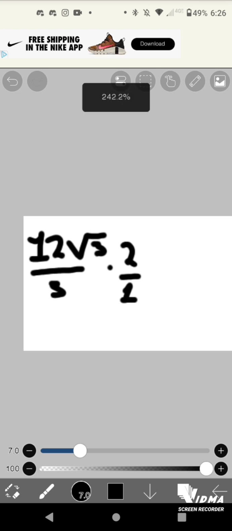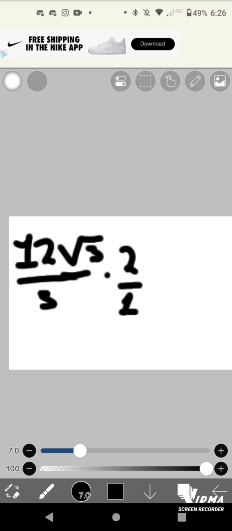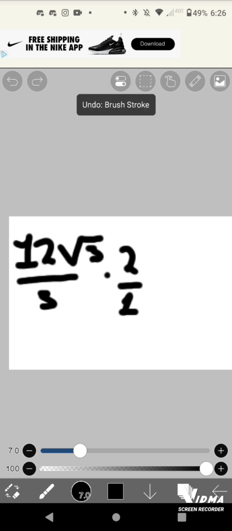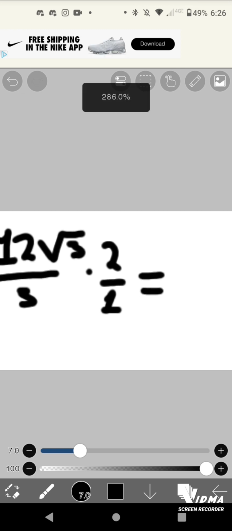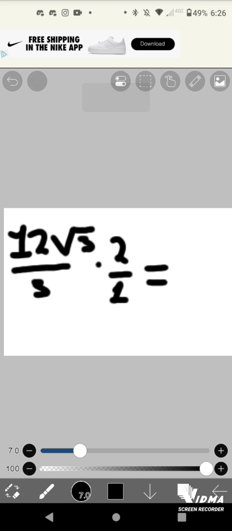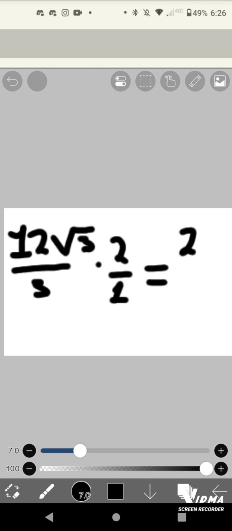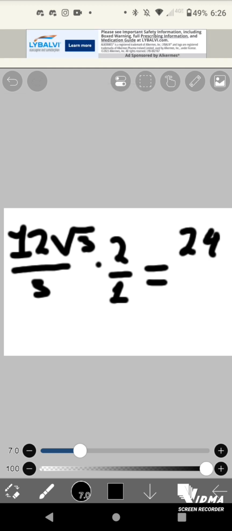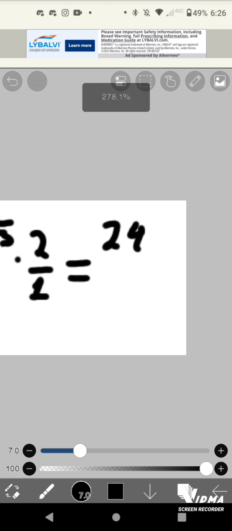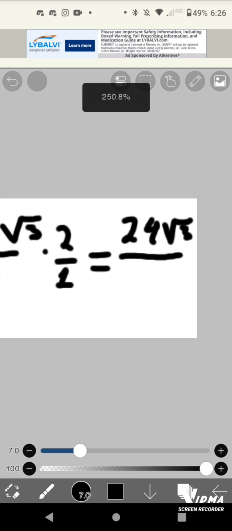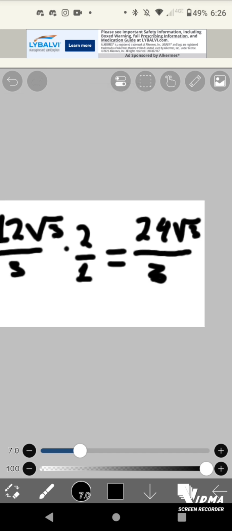Well, we can't multiply the square root directly, and we're not dividing here, and they're both on top in the numerator, so we can just cleanly multiply this straight over. 12 times 2, well, we know that is 24. And we can't do anything with the square root of 3, so we just carry it over. Square root of 3, then we put it over 3.